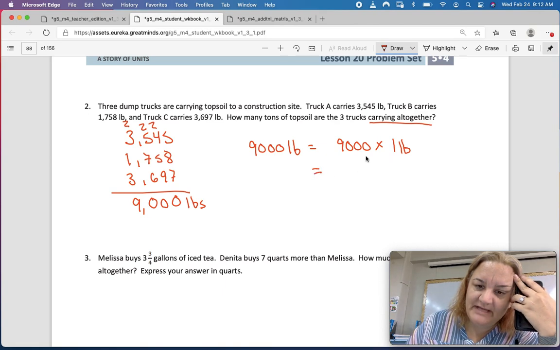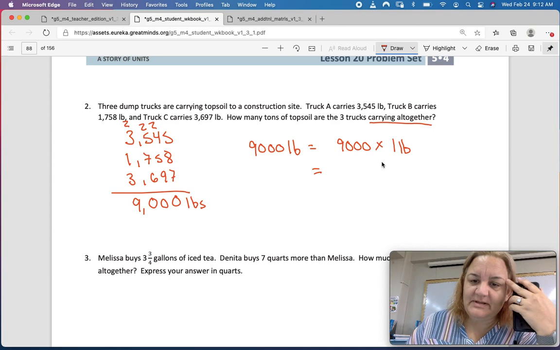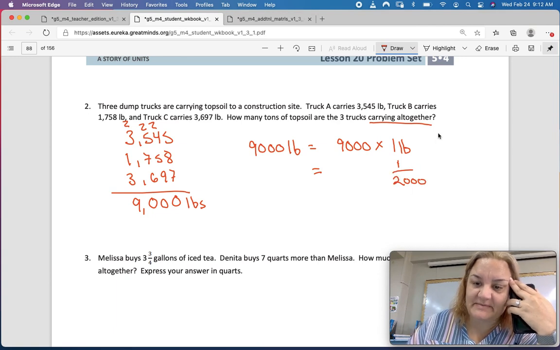We want to convert that, so I'd really want to divide, but let's see. 1 over 2,000. 1 pound goes into a ton 2,000 times. So 9,000, which equals 9,000 over 9,000 times 1 is 9,000, and then 2,000.